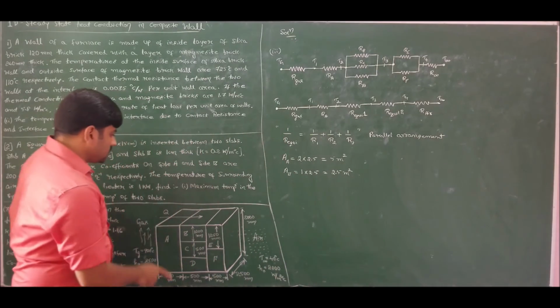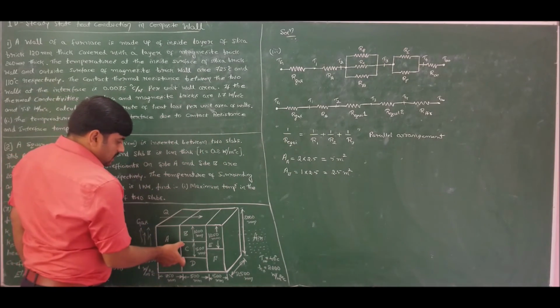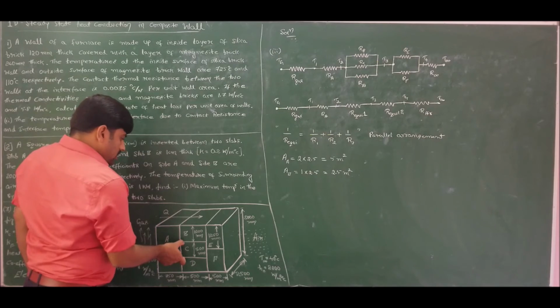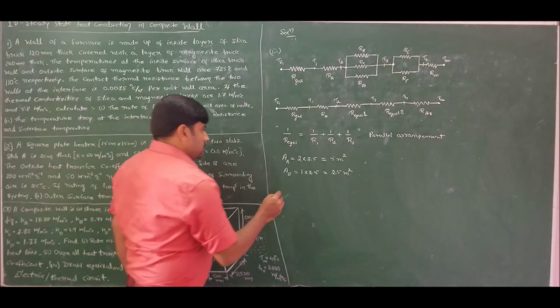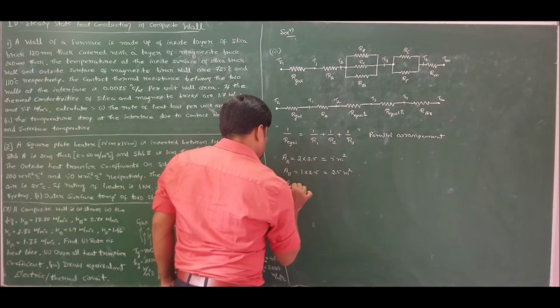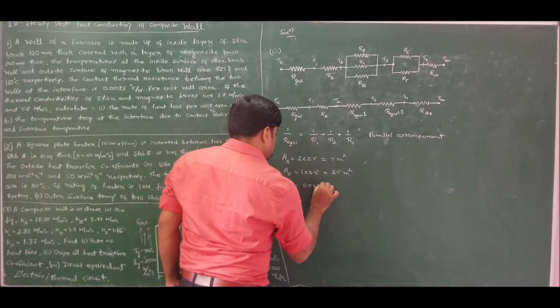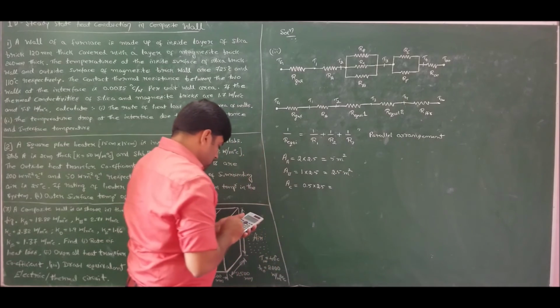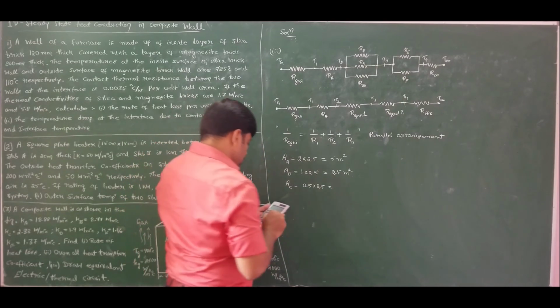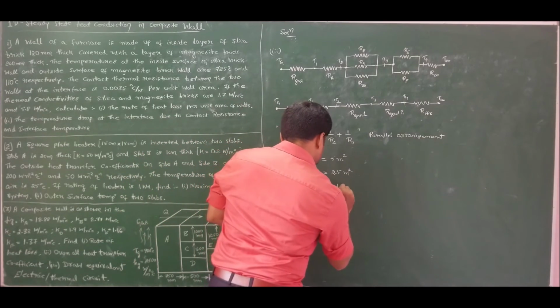This is the area perpendicular to the direction of heat flow. For C it is 0.5 cross 2.5. So the area of C is 0.5 meters cross 2.5 meters, that is 1.25 meters square.